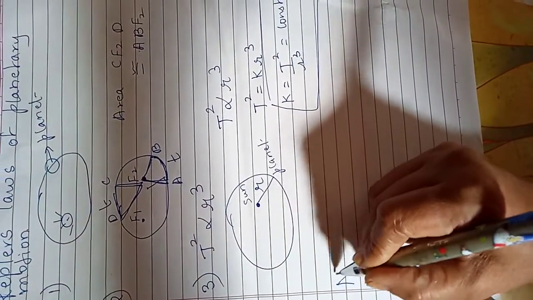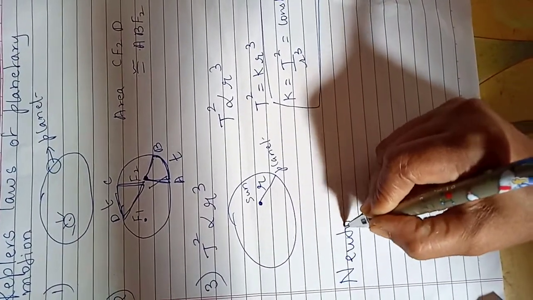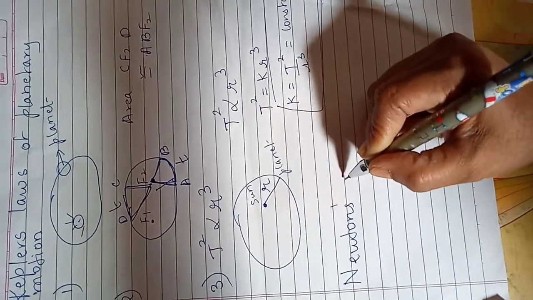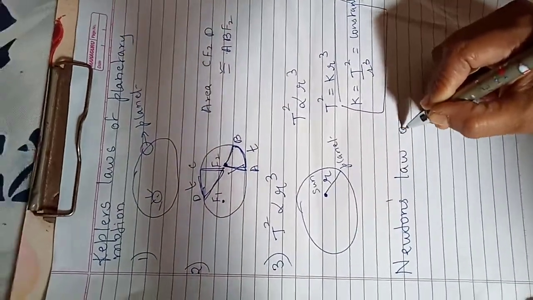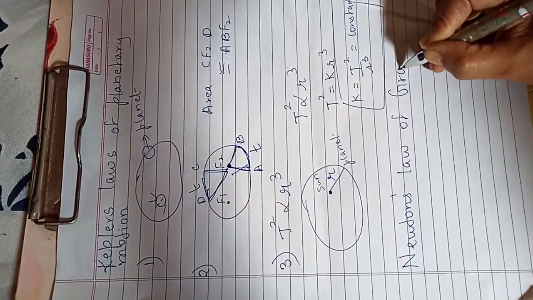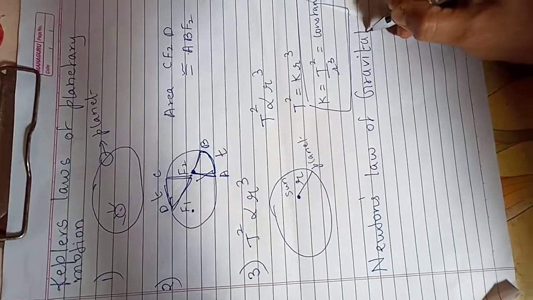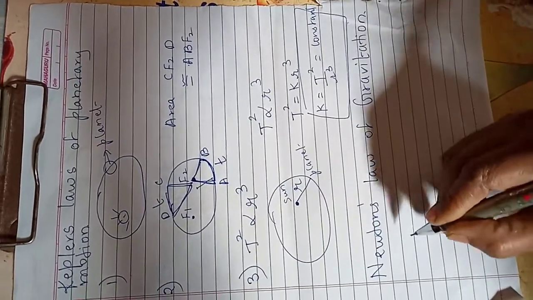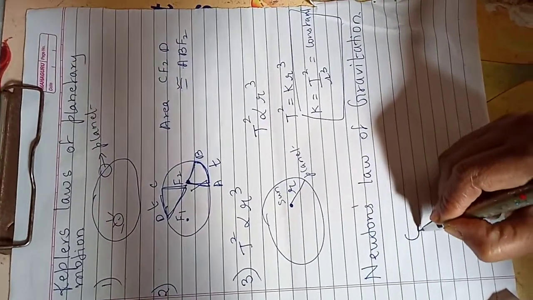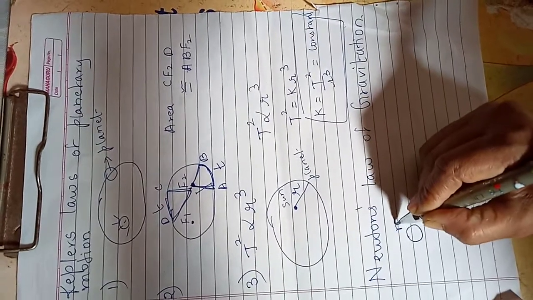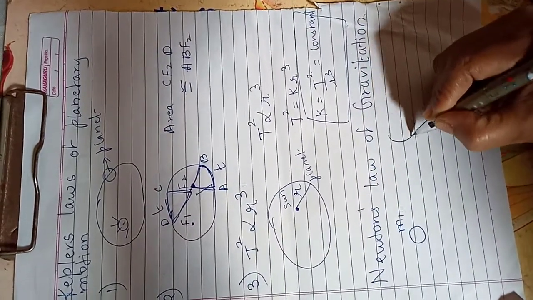Now the next part is, we will learn a very important part of the topic, Newton's law of gravitation. What is that? Students, for that consider two unequal masses. Just see my drawing.